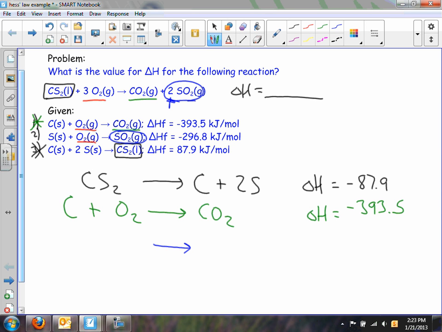So doubling the second equation means I have 2 sulfur plus 2 O2, and that produces 2 SO2. Well, if I double my delta H, I need to double this one as well. And when you double that, negative 296.8 times 2 becomes negative 593.6.